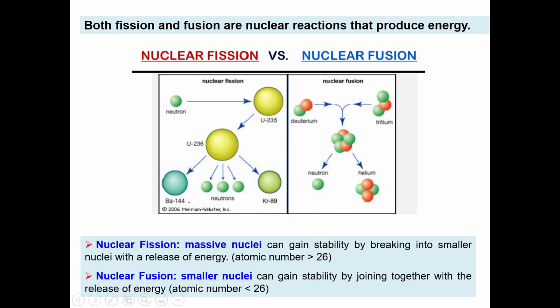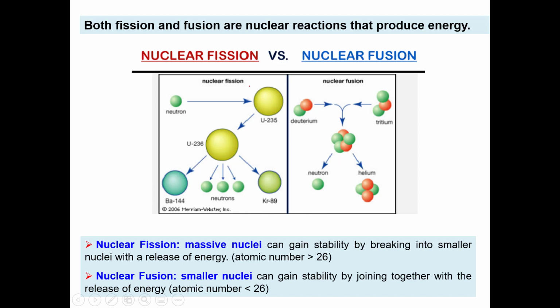In the case of nuclear fusion, in order for small nuclei to gain stability, they join with other small isotopes to form a new and stable nucleus, and in this process also energy is released. And this happens when the atomic number of the elements is less than 26.